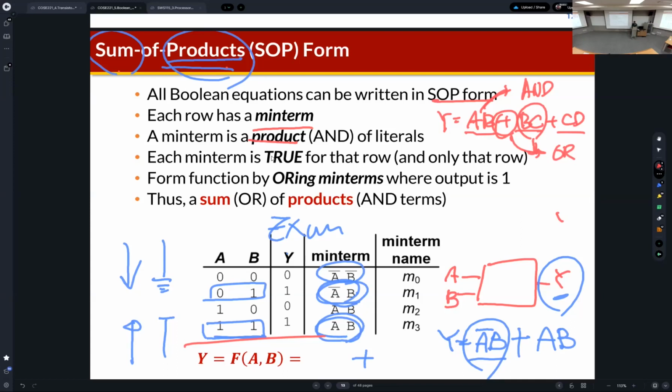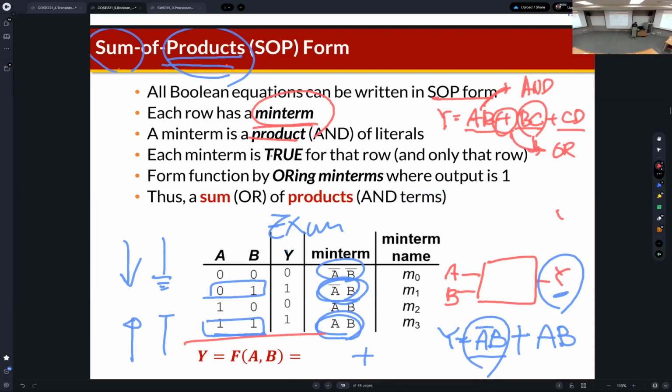So which means we need to use the min terms to generate the SOP form from the truth table. And when we generate SOP form from the truth table, then we need to focus on how to generate output 1 from min terms.